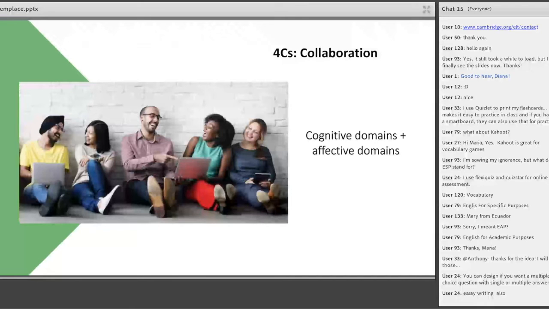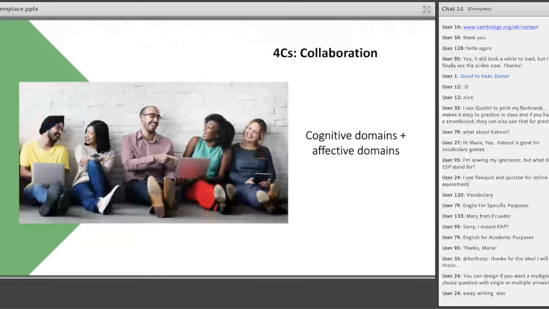So again, we're focused on building these cognitive domains a lot, the remembering, the understanding, the applying, the creating. But we sometimes forget that we need to integrate our students into teams or groups, that we need to build those affective domains, which again, everything from negotiating to listening to showing respect to other people's ideas and values.